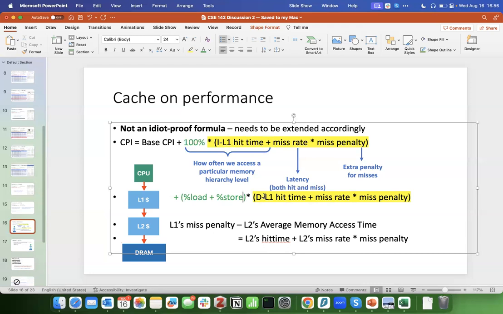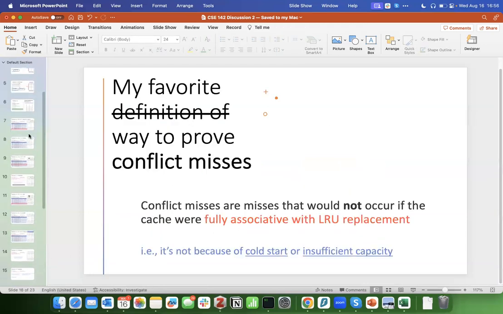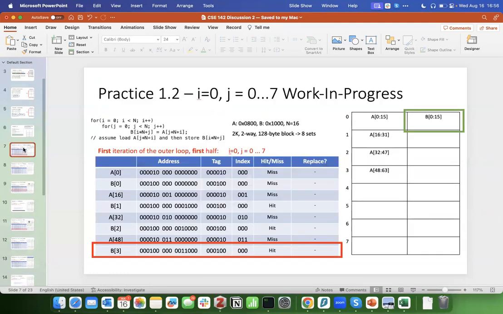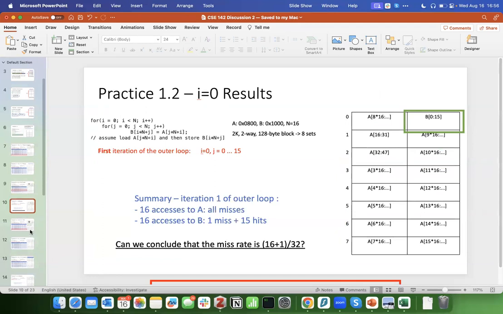Now, another question, going back to the conflict miss and capacity miss. I forgot which one was the answer for the slide you had. Okay, so it's this point. This is at the end of the first iteration.